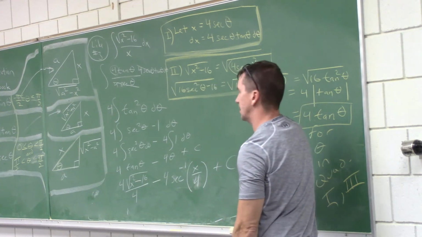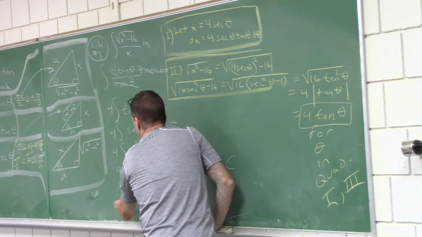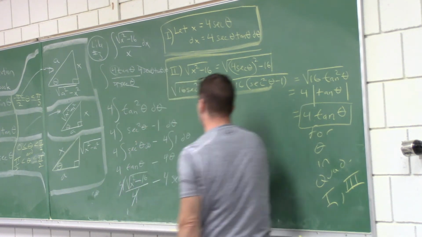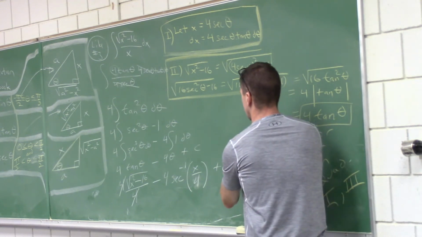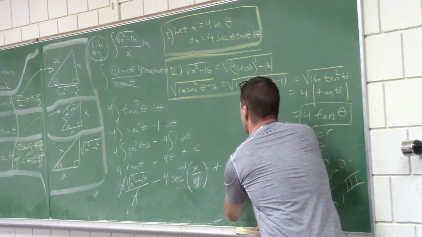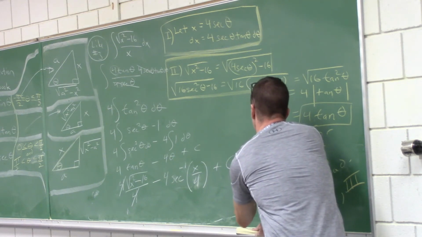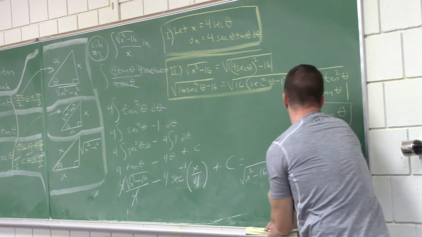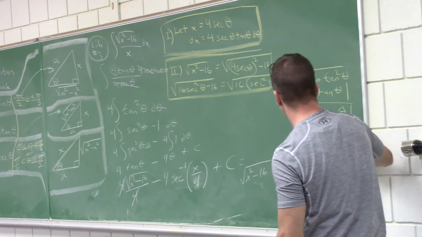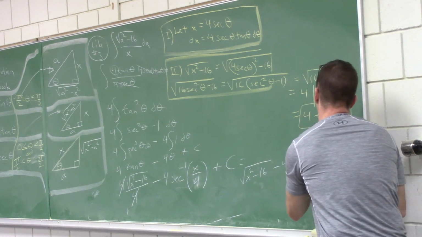Remember, you can factor out that 4 if you want. What happened with these 4s? So let me write this final answer again. I now have the square root of x squared minus 16 minus 4 inverse secant of x over 4.